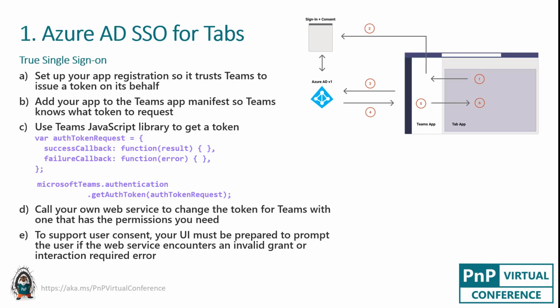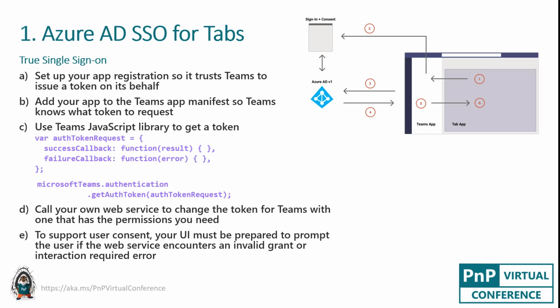If you wanted to do even a very basic thing like read the user's own profile, you need to implement a web service that exchanges that very weak token for a stronger token. And also, in order to support user consent, your UI has to be prepared to prompt the user.